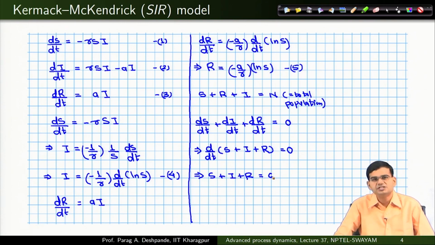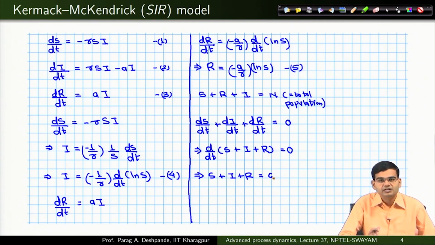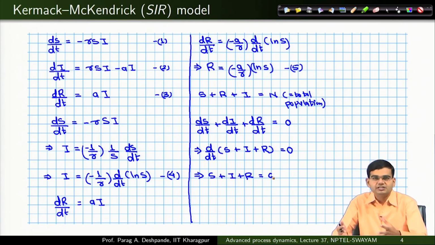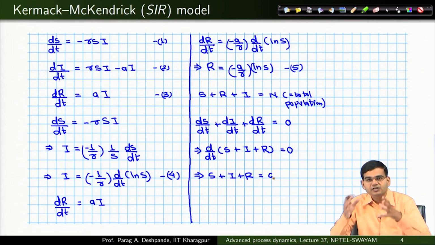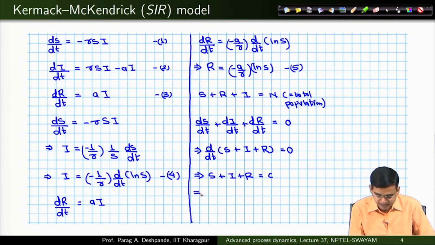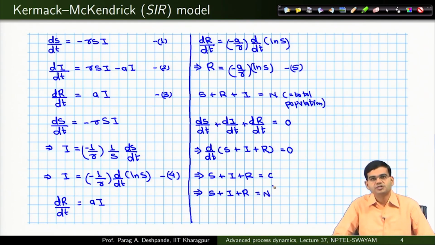And how do I determine this constant C? At t is equal to 0, S is S 0, I is I 0 and R is simply 0. So, therefore, the initial population consists of the number of infectives which you have introduced, and the rest population becomes the susceptible population. So, infective I 0, susceptible S 0 in the beginning is the total population. So, therefore, I can write S plus I plus R is equal to N, the total population of your system.